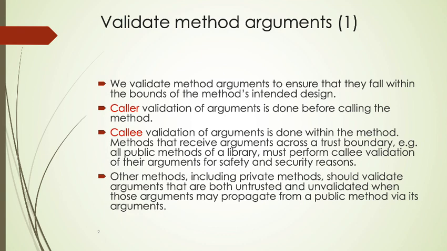Other methods, including private methods, should technically speaking also validate all arguments as well, but depending on how we've designed our system, they might trust arguments from methods within the same class, but they shouldn't always assume it is so. So you have to check where the argument came from. Is it another private method, or is it the source, both untrusted and unvalidated? Then you have to do a callee validation.